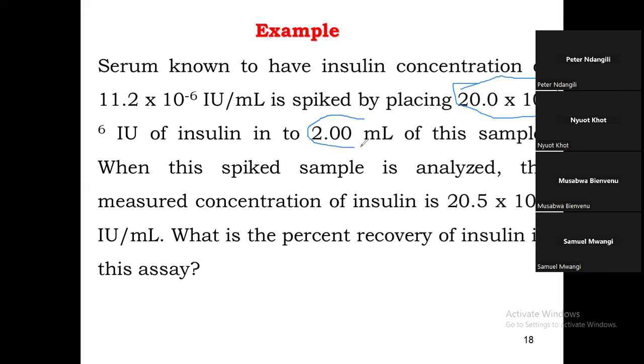It is in 2 mils of the sample. So in terms of the concentration, we can say that what you have is 20 in 2 mils.